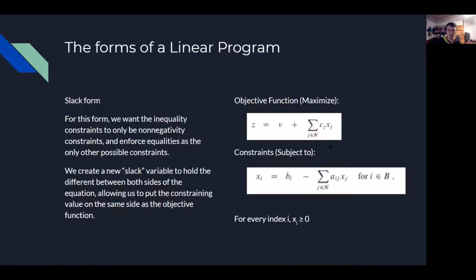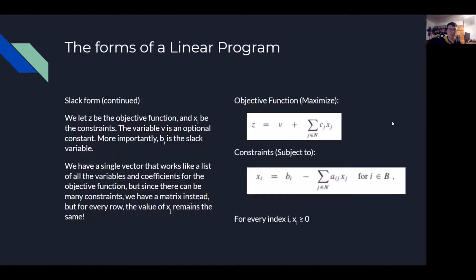So now we have a summation where the objective function is z equals v plus the summation of the variables and their coefficients. And for the constraints, we have x of i equals b of i, which is going to be the slack, minus the summation of variables with their coefficient for anything contained in set B.